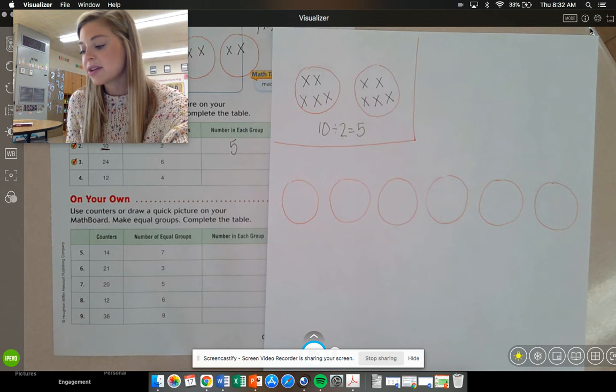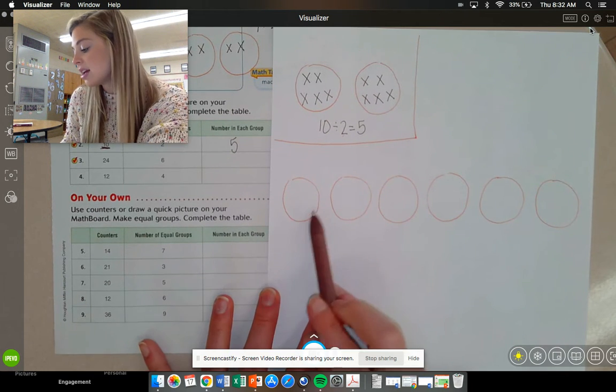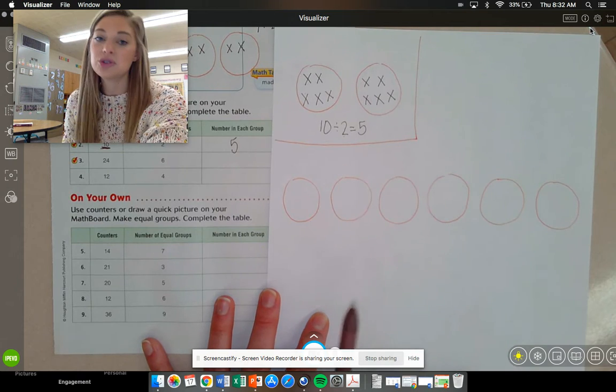All right, so we have 24 counters, and you know what that means. We have to put 1 in each group until we get to 24.